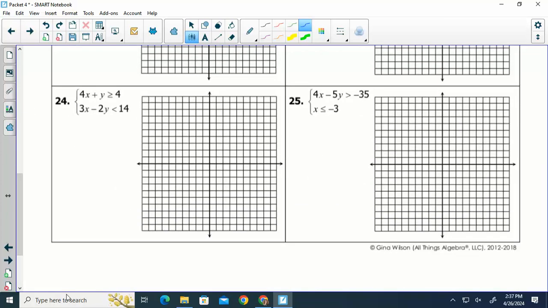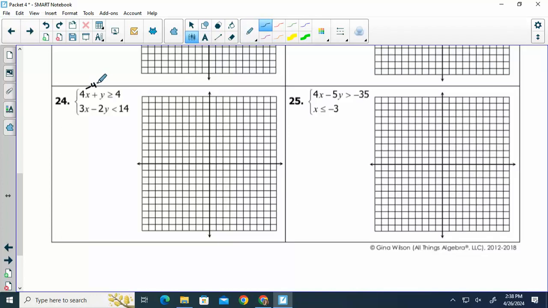Last one I want to do, let's look at 24. So what would I have to do if I'm going to graph those by hand?